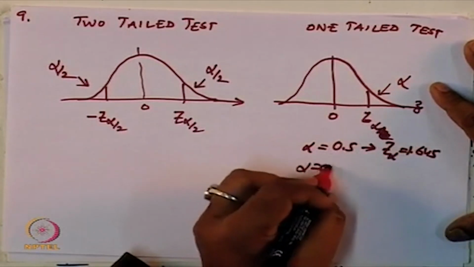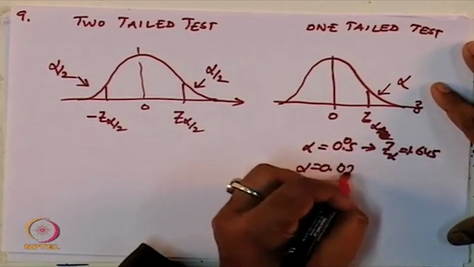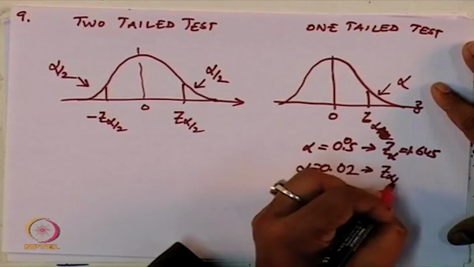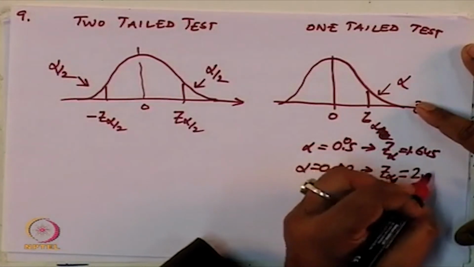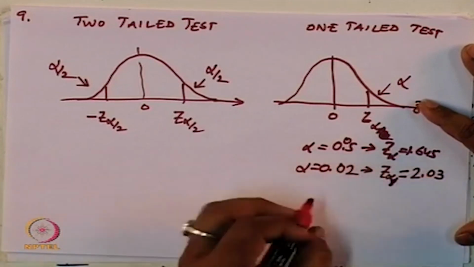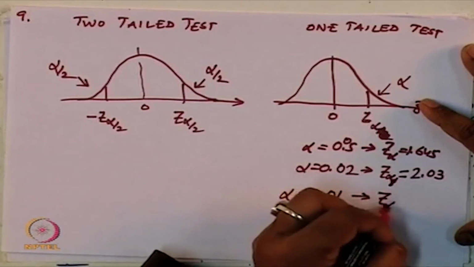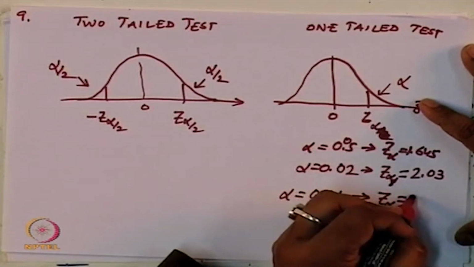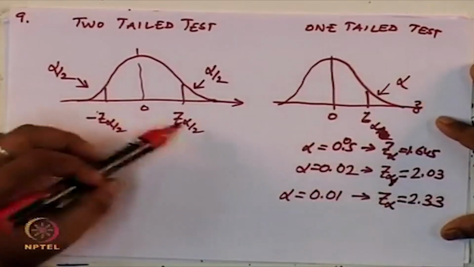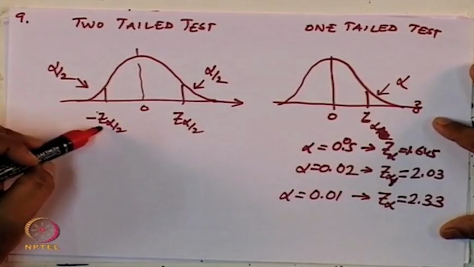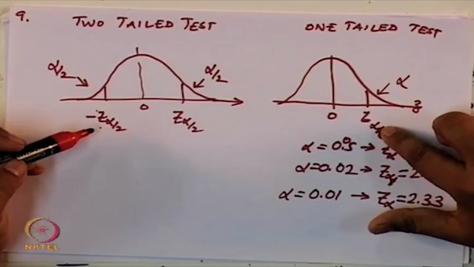For alpha equal to 0.02, I get Z of alpha equal to 2.03, and for alpha equal to 0.01, I get Z of alpha equal to 2.33. So, these values for a two-tailed test I refer to as Z of alpha by 2. For a one-tailed test, you only represent it by Z of alpha.